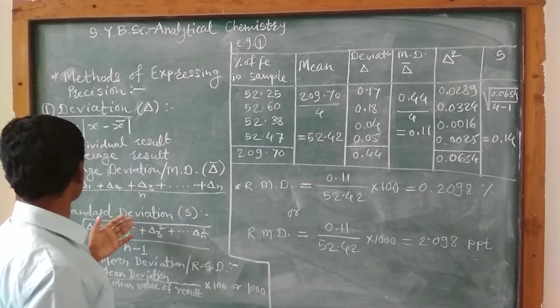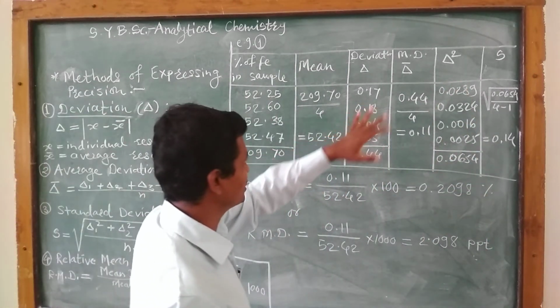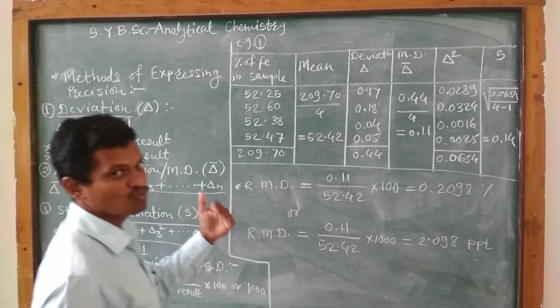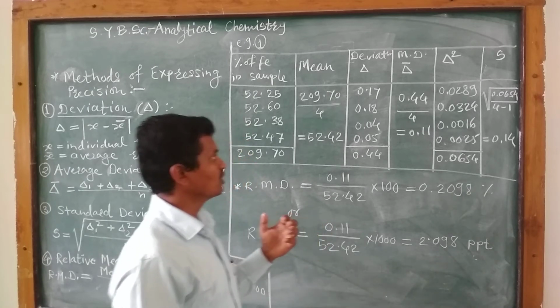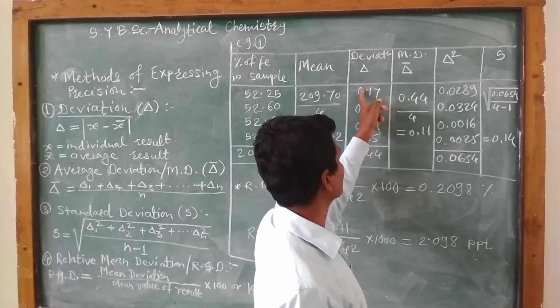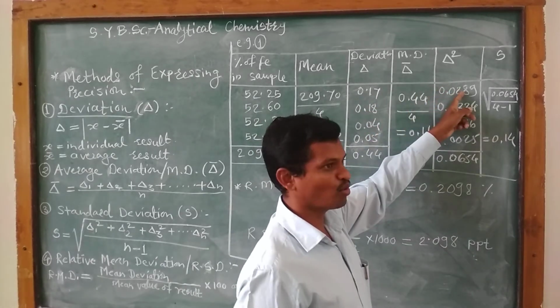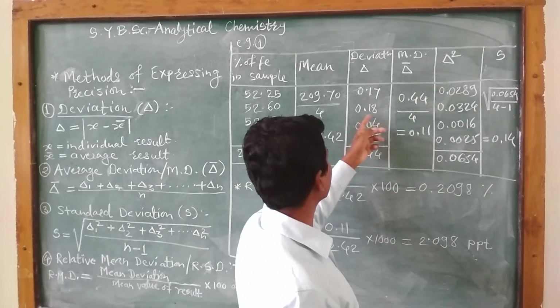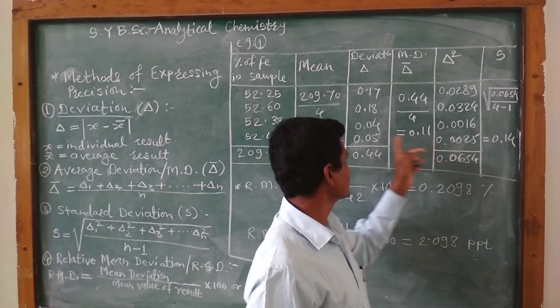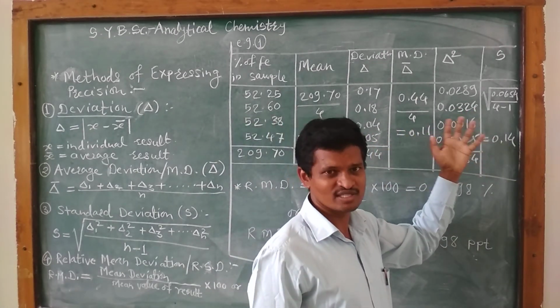Sorry, to calculate the standard deviation S, we first have to know the value of del square. So this is del, and these are the del square values: 0.17 square is 0.0289, 0.18 square is 0.0324, 0.04 square is 0.0016, and 0.05 square is 0.0025. Very simple.